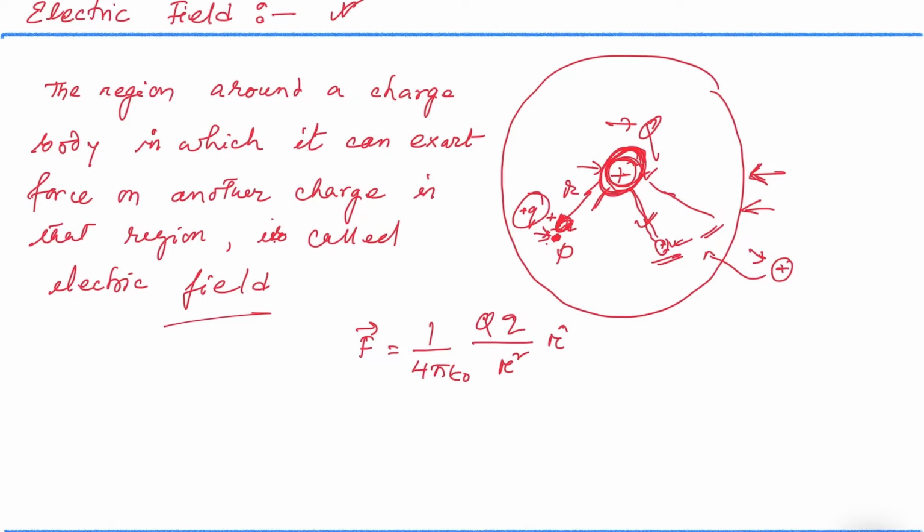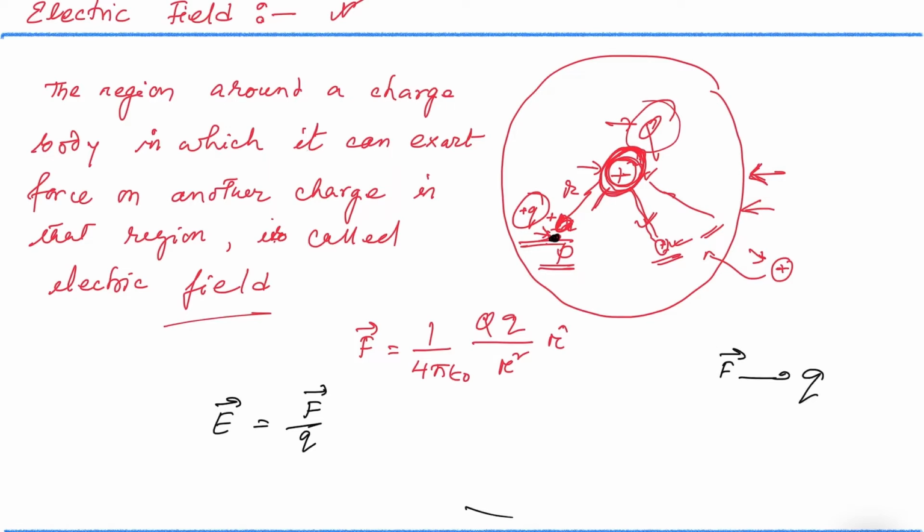This is the force exerted by the source charge capital Q on the test charge q, and the electric field at this point P will be given by the force per 1 coulomb charge, that is F by q.